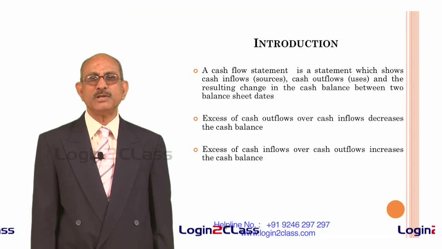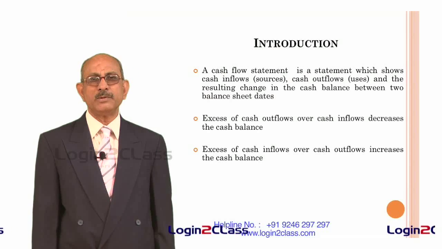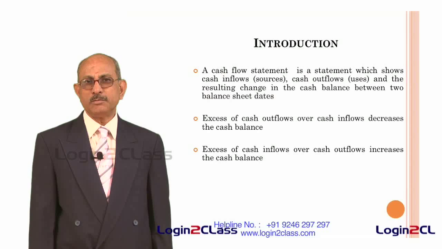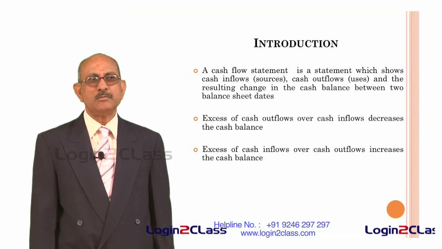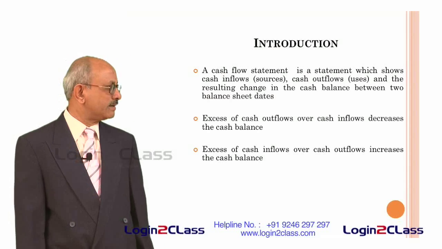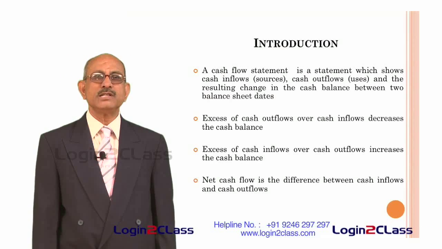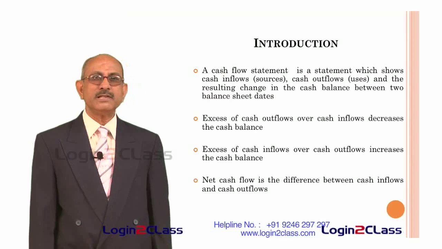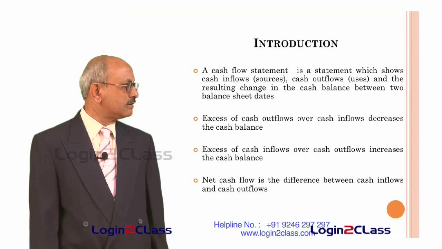Similarly, cash outflows means only those expenses which have been actually paid. So, expenses which have been incurred but where cash has not been paid are not taken in the cash flow statement. And net cash flow is defined as the difference between the cash inflows and the cash outflows.